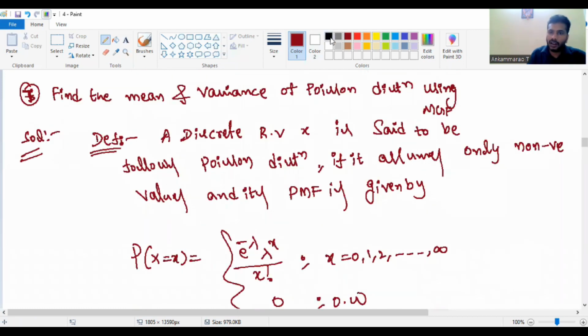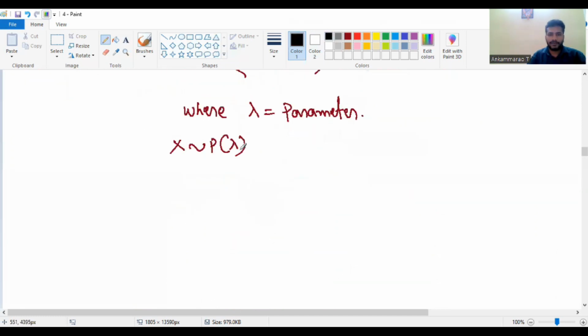Here the question asks us to use the MGF, the moment generating function, to find the mean and variance.